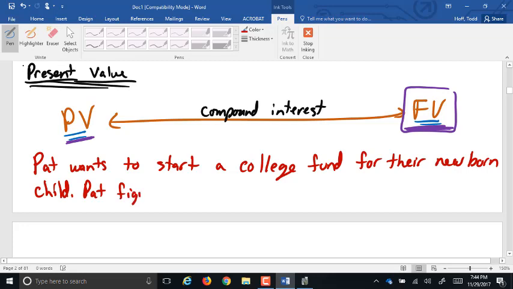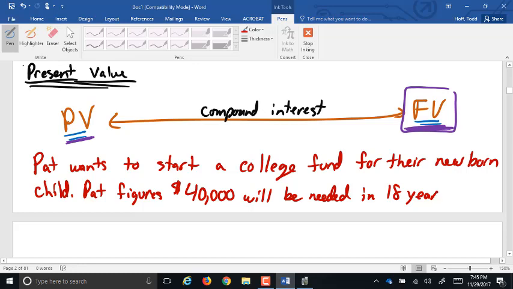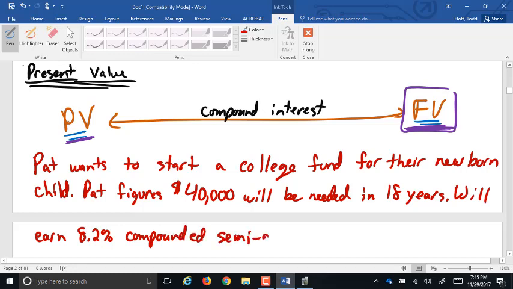Pat figures $40,000 will be needed in 18 years. So we're assuming the newborn child will go to college at 18. The account will earn 8.2% compounded semi-annually. How much does Pat need to put away now?